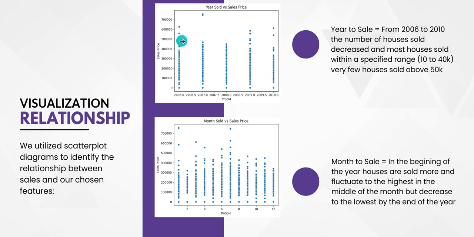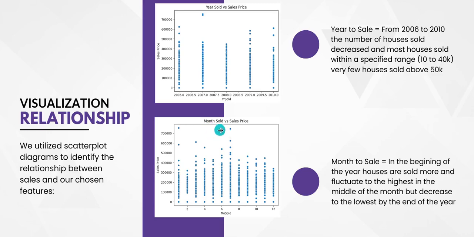It dropped to approximately 50,000 to 40,000. And we can also see that very few houses were sold above 50K. And as the year increased, the house pricing, according to this data set, decreased.